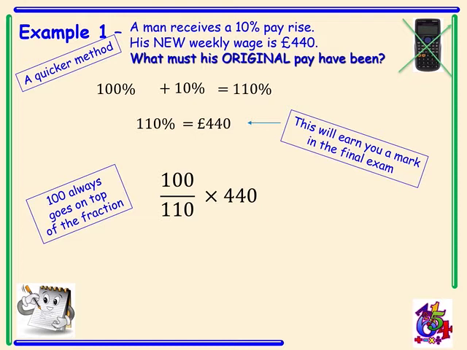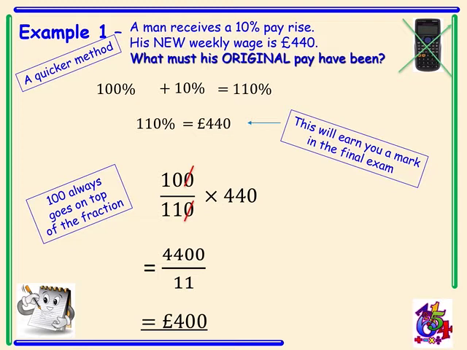Here we can cancel our fraction, 100 over 110, dividing top and bottom by 10. We've got 10 over 11 times 440, which gives us 4,400 divided by 11. If we ignore the zeros on top, 44 divided by 11 is 4, and then put your zeros back on to give you an answer of 400.